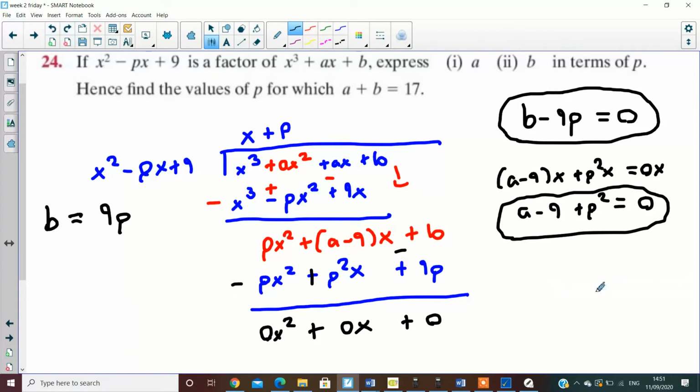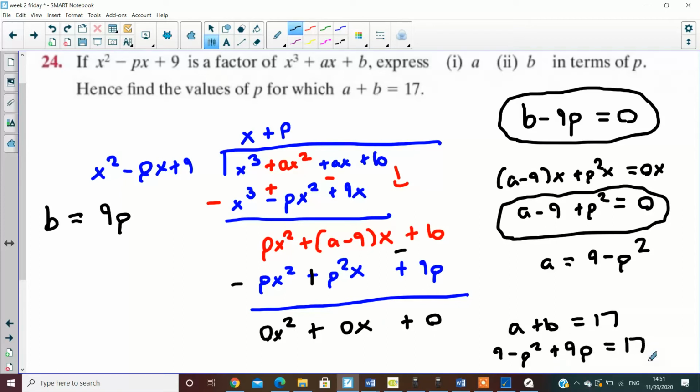Leave it like that. And then get a equals 9 minus p squared, my fault. And then a plus b equals 17. That's what you're asked for. And then we're going to say that 9 minus p squared plus 9p equals 17.